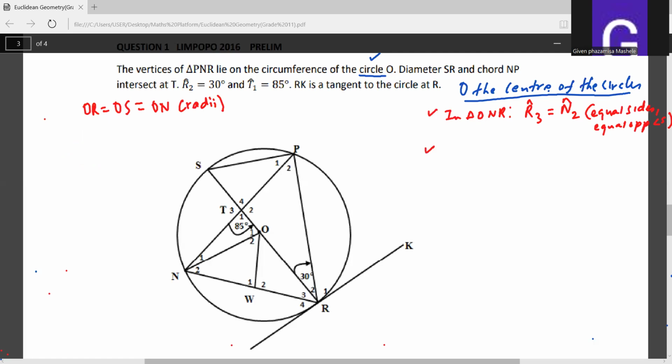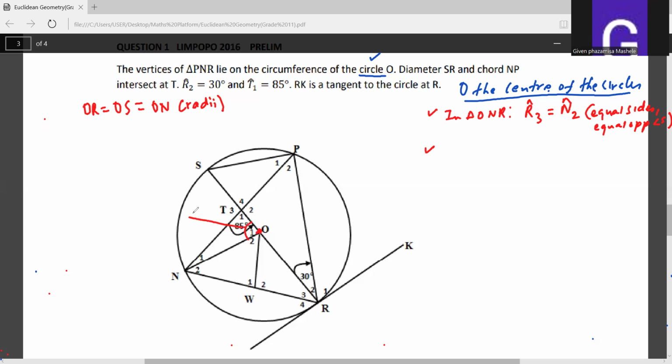Okay, angle at the center. Let's first identify any angle that is at the center. When I check O, as labeled, we have an angle at the center. It's actually this angle here, O1, if I'm not mistaken. O1 is an angle that is at the center. So let's look at the name of the arc coming from this center.